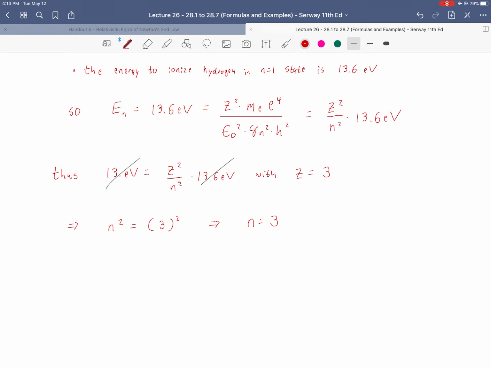So in other words, when you have an electron in the third energy state of lithium, it has the same total energy as an electron in the ground state of hydrogen. Now, is it exact? No, because there's some things we're not accounting for here.